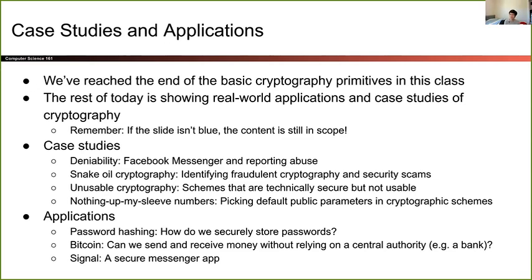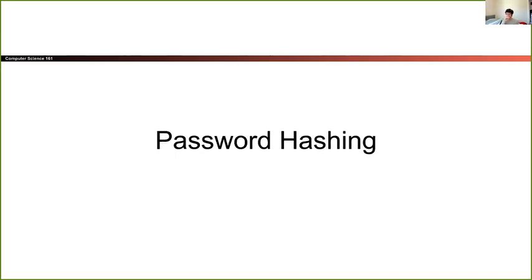And Signal is a secure messaging app. Bitcoin is going to be discussed more in depth on Monday, and Signal has been bumped all the way to the end of the semester. Signal is my favorite topic ever to talk about. But we're actually going to start with password hashing. So I guess we're starting with the applications.